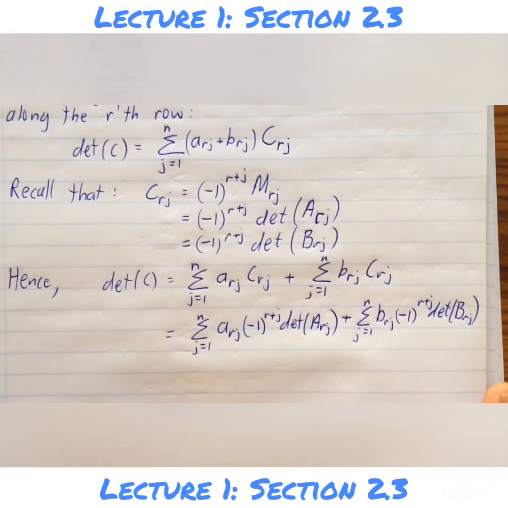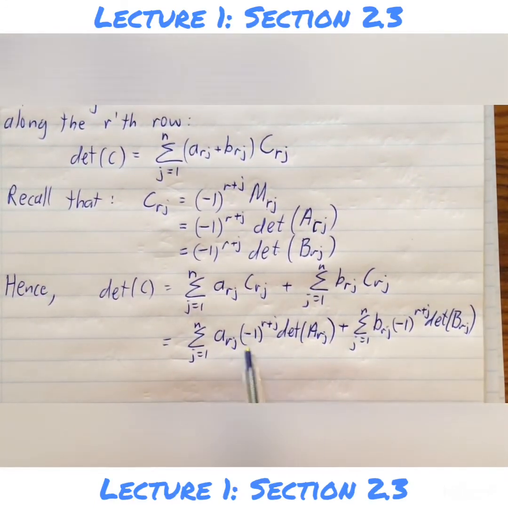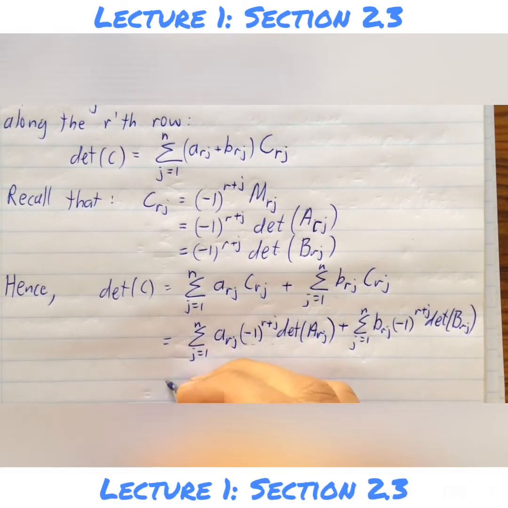All right, and then what is this? This is the minor with respect to the matrix A. So again, what is this?